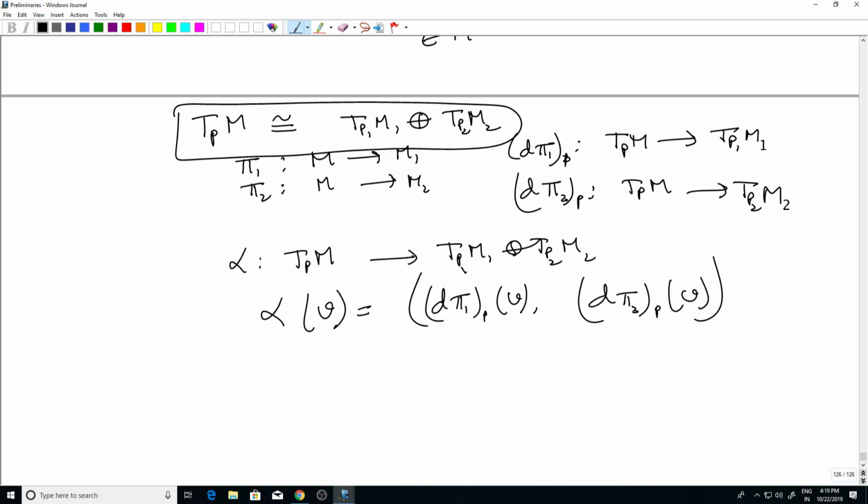It's actually enough to check that, since we already know that the dimensions are of the right sizes. Note that the dimension of the left hand side T_P M is the same as the dimension of the right hand side. So it's enough to check it's injective or surjective, or one can directly check it's both injective and surjective.